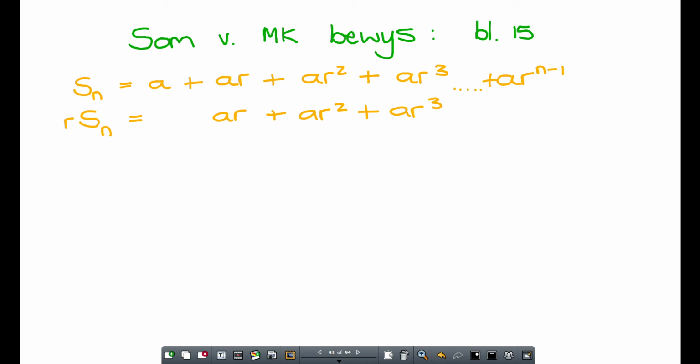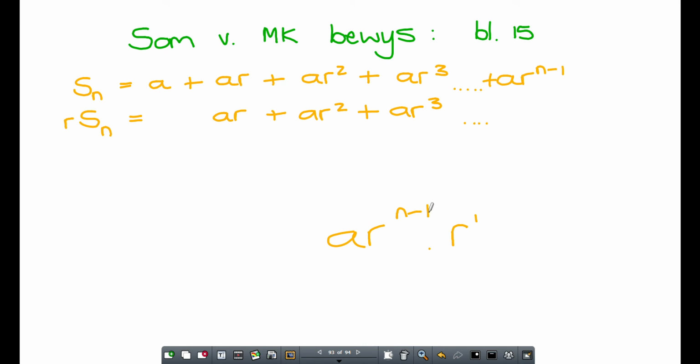Good. So what would be my last term here? Remember, I'm going to underline quickly and then I'm going to erase. Our last term in the previous one was a times r to the power of n minus 1. But now we're multiplying that with r. Actually to the power of 1.